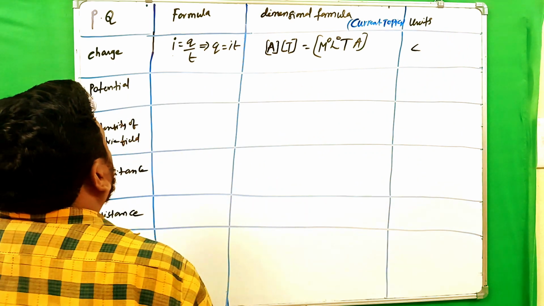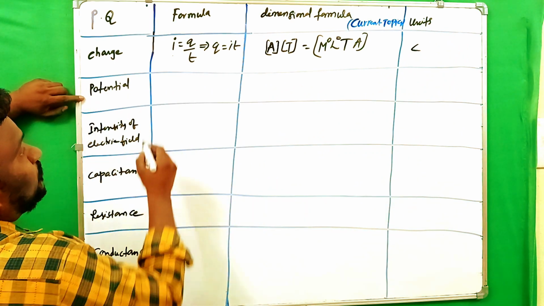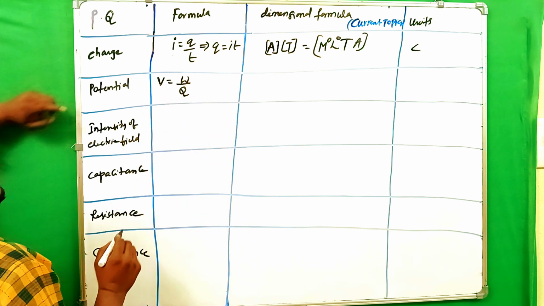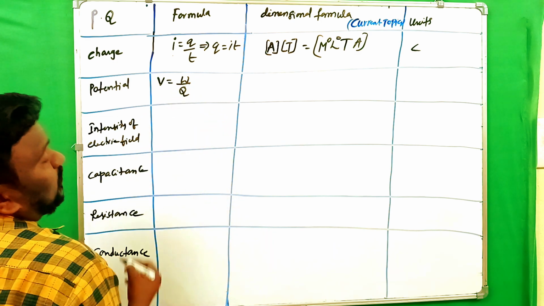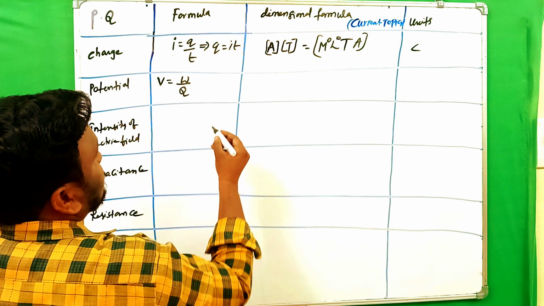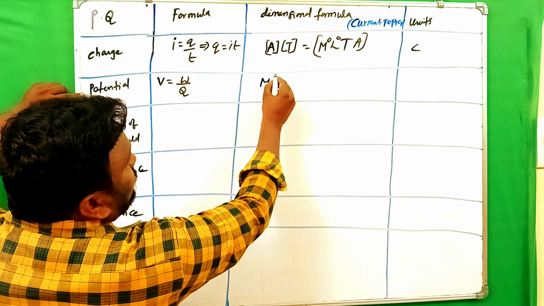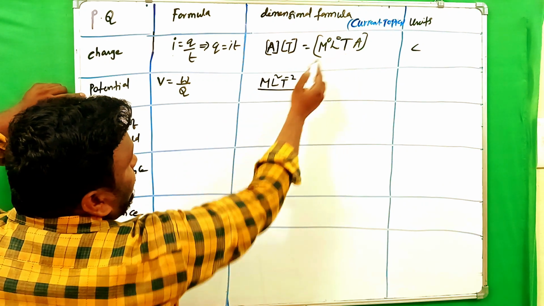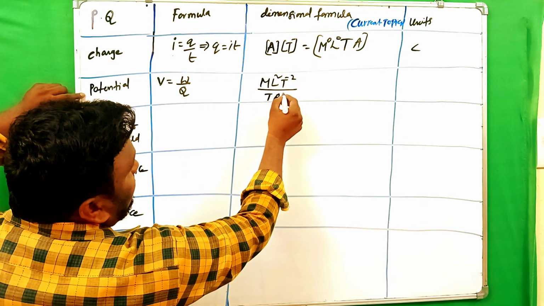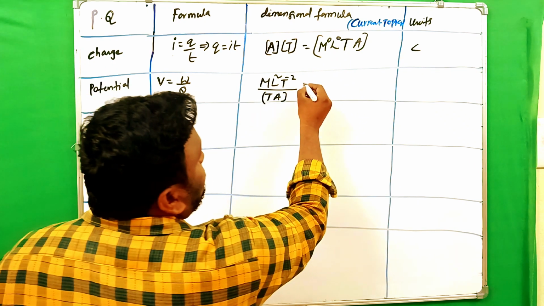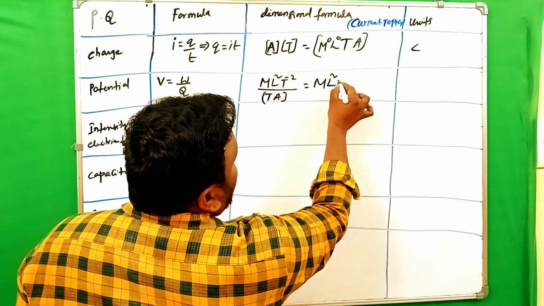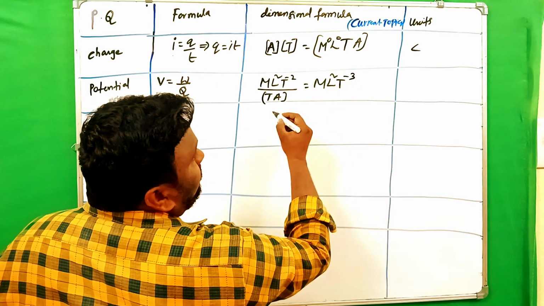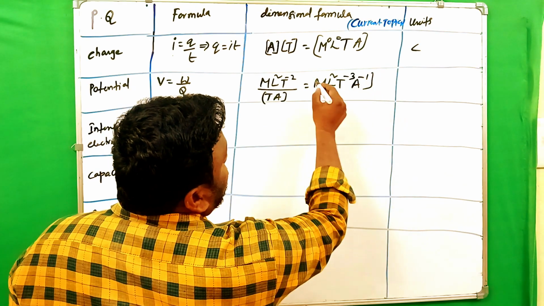Now potential V is equal to W by Q. W is work, Q is charge. So M L square T inverse 2, the dimension formula of work, divided by charge T A. Then we get M L square T inverse 3 A inverse 1.